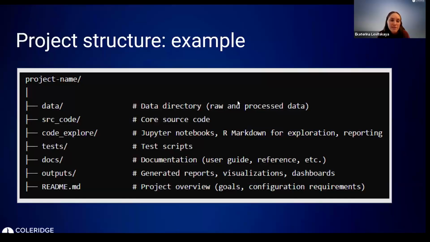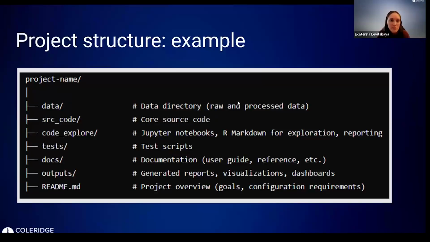We also recommend having folders for tests and docs, so documentation. And the automated tools that we mentioned, both in Python and in R, can actually help you create these folders automatically. The tests folder will contain tests for each of your main functions in the main source code base, and the same goes for documentation.